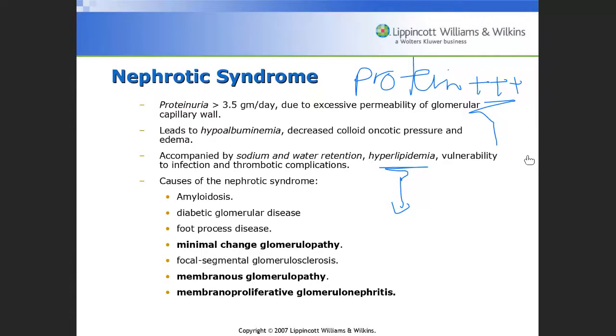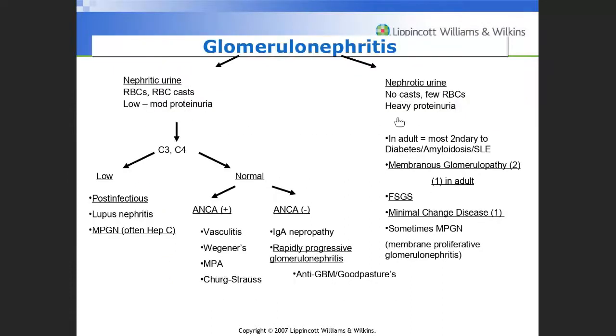Again, if you go back here, you can see that here's nephrotic. The most common one is minimal change. The second most common is membranous glomerulopathy, and then if you can think of it, in adults.